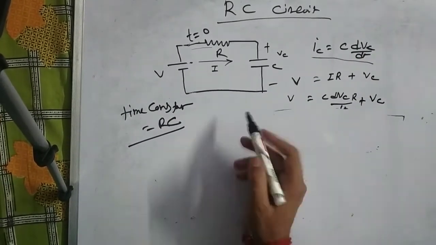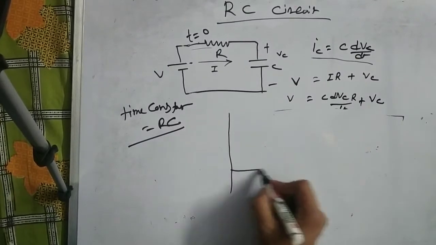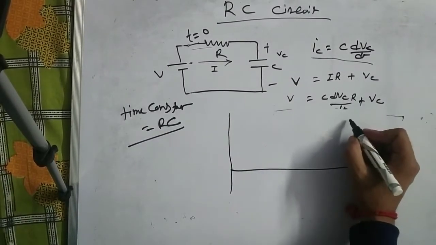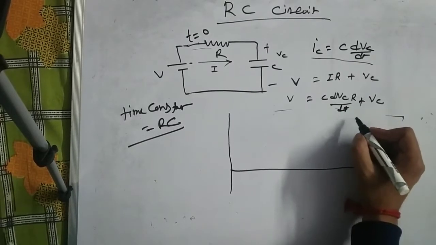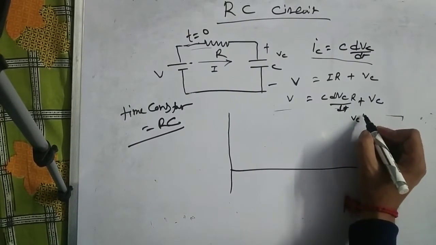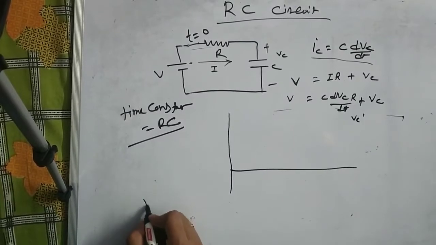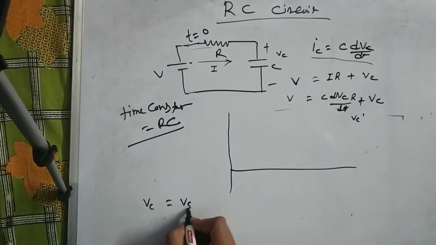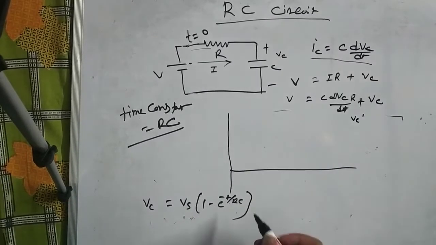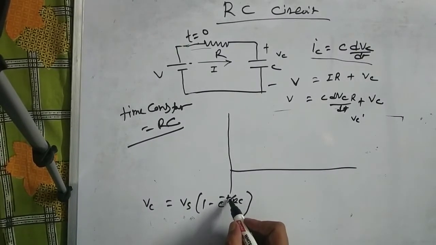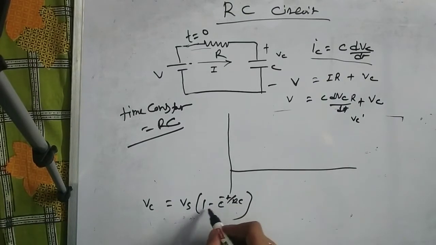The capacitor voltage equation is Vc equal to Vs into 1 minus e to the power minus t by RC. When t equal to 0, e to the power 0 means 1, and 1 minus 1 is 0, so the capacitor voltage will be 0.